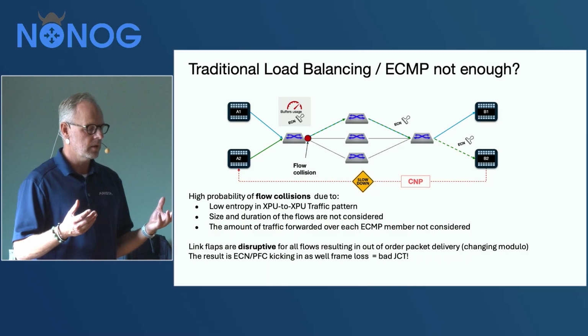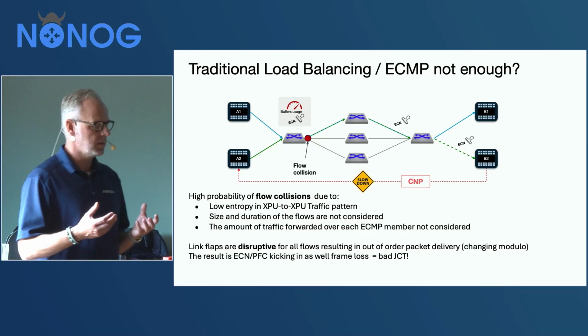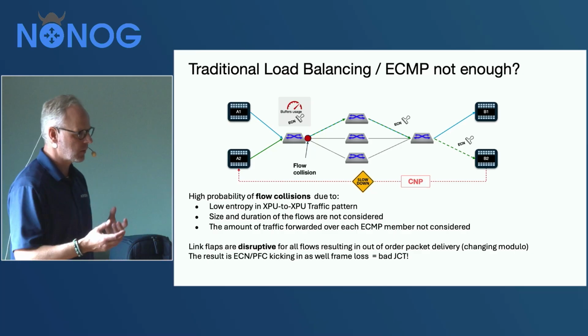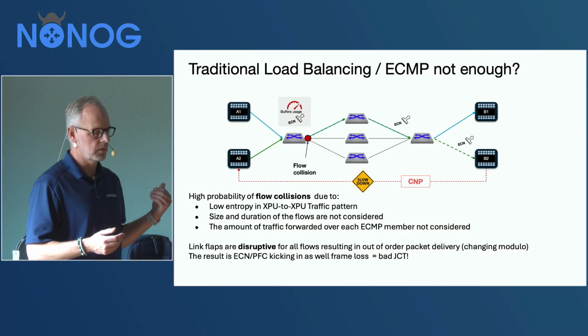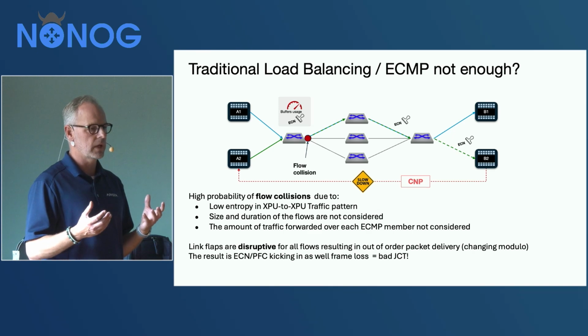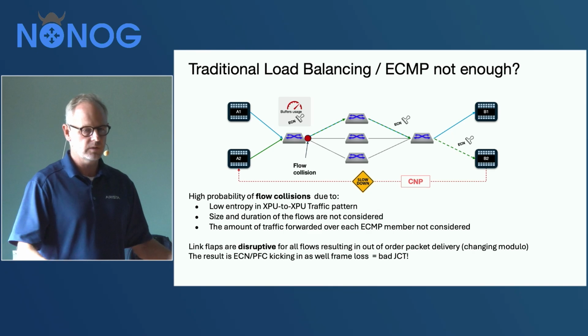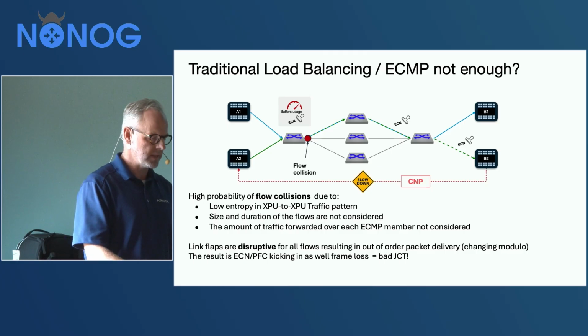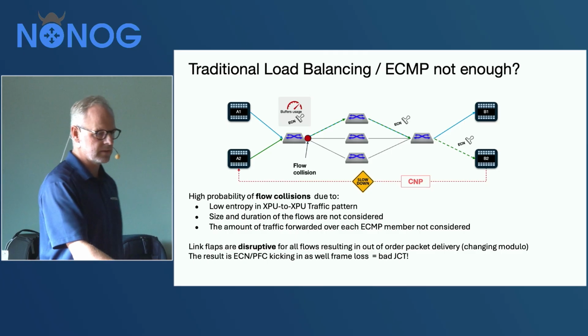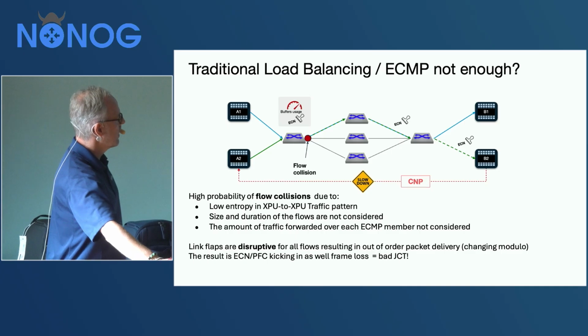We have ECN and PFC to protect the network and make the senders slow down, but we don't want to use that too much because that will impact the job completion time. So standard ECMP is not good enough for AI workloads.